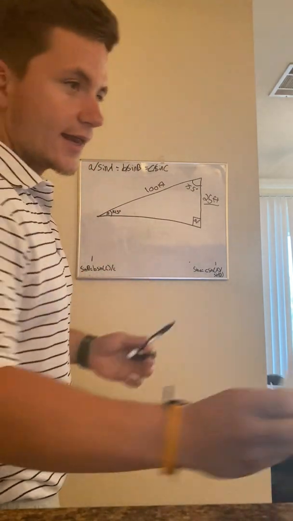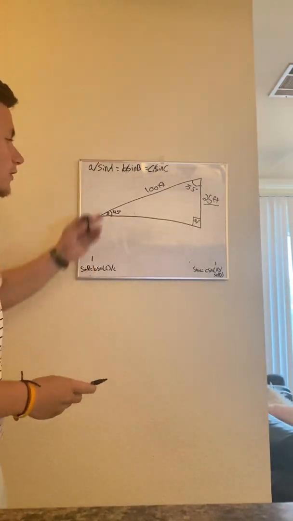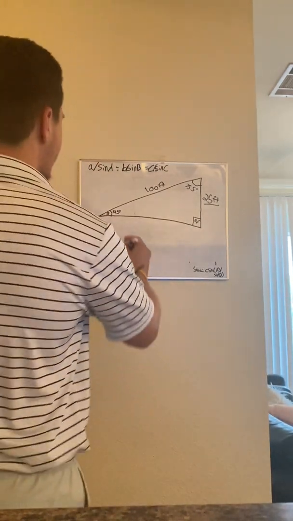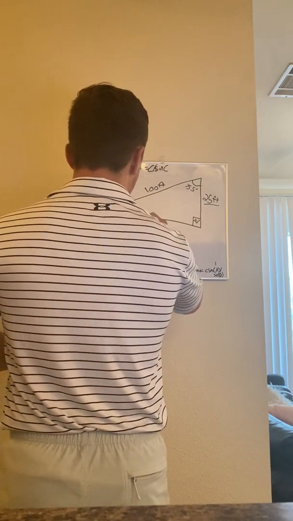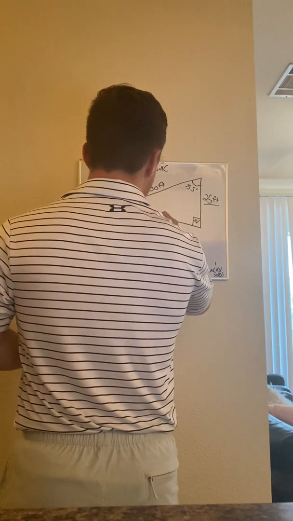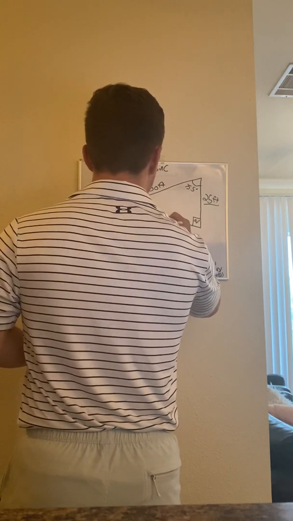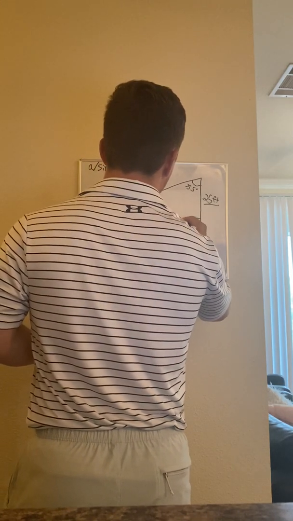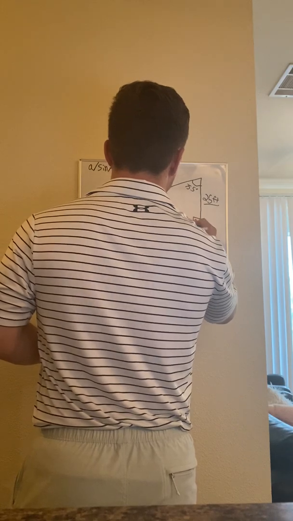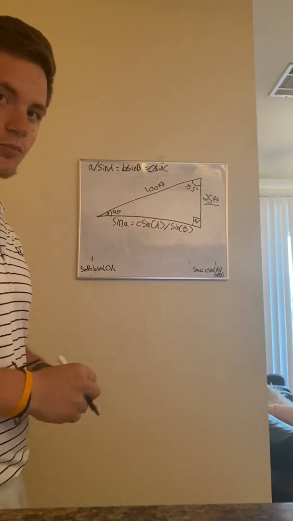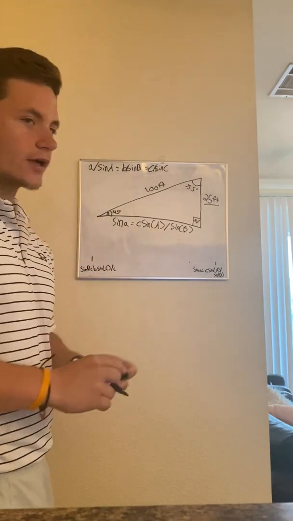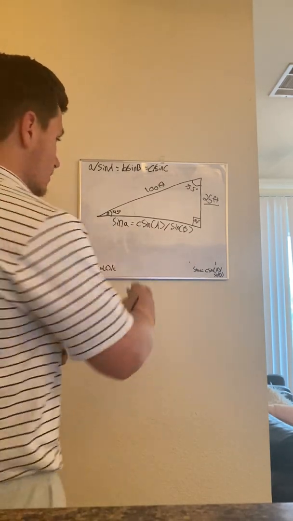So to find side A, we just simply use our law of sines again, which states that side A equals side C sine of angle A over sine of angle B. So we're going to plug in our information and then plug in this equation into our calculator to get our distance.